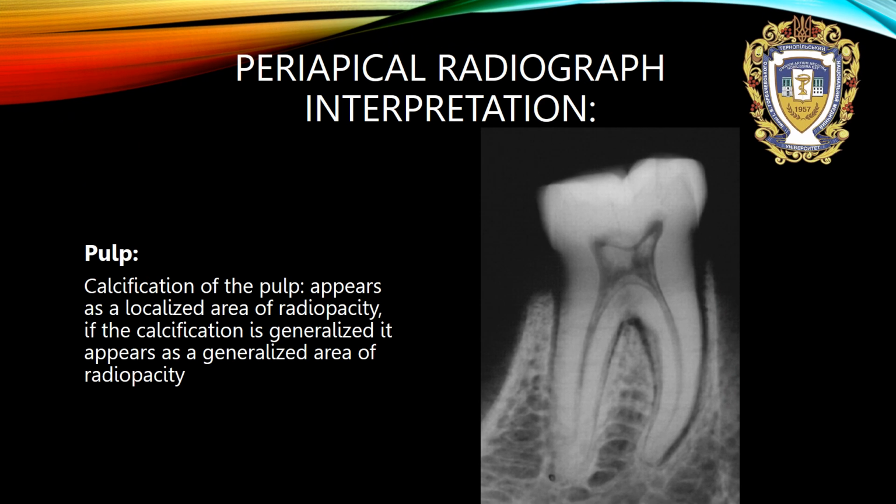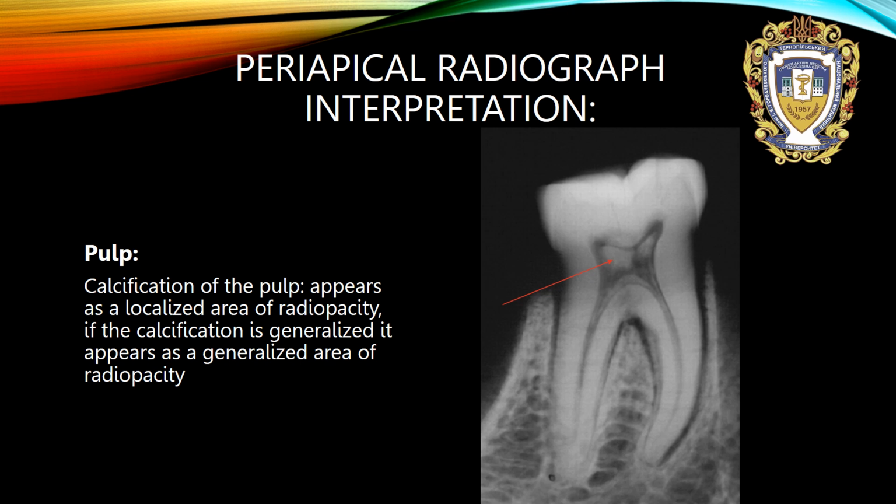Pulp. Let's go deeper. At first we described enamel, then dentine, and now pulp. Calcification of the pulp appears as a localized area of radiopacity.